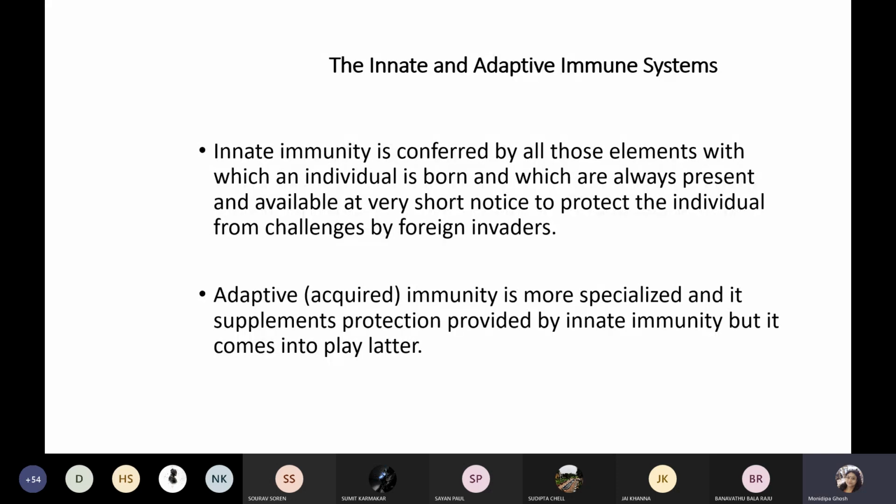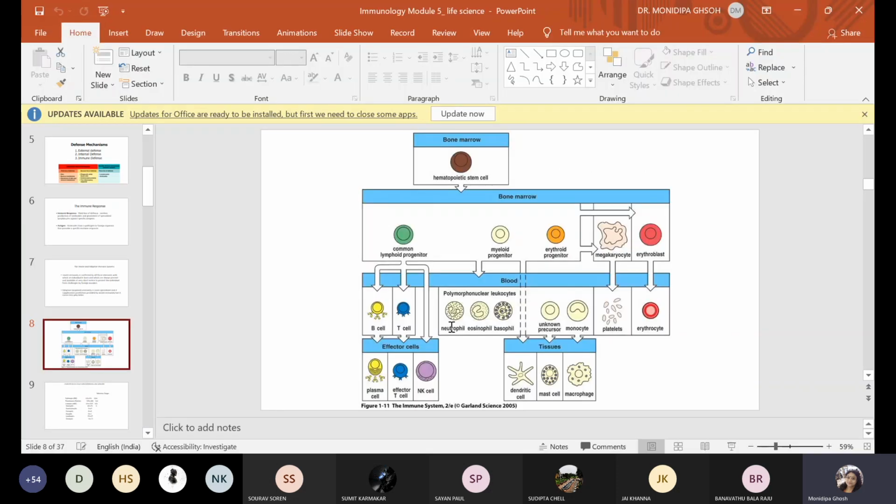So the infectivity specificity has to be dealt with in a very specified manner, and then the reason arises to create a specific immunity, and this has been acquired by the participation of different populations of cells.